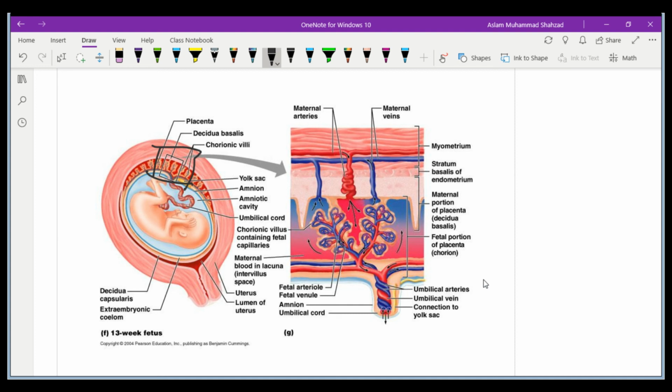You can see the maternal arteries connected with the fetal arterioles and venules. That is very important, because if the hydatidiform mole is invasive in nature and enters the fetal arterioles or venules, it can cause hemorrhage to the fetus.